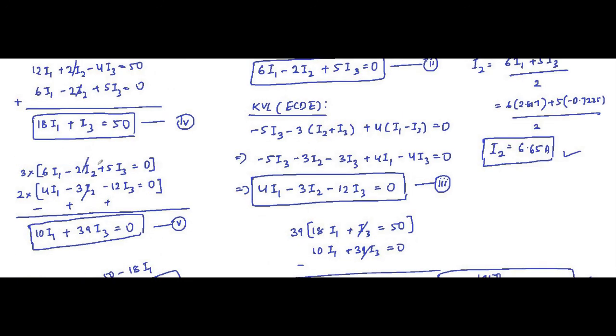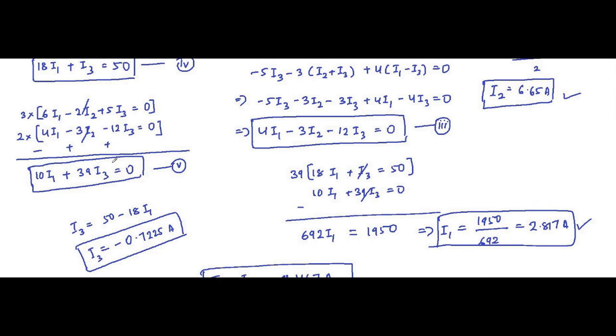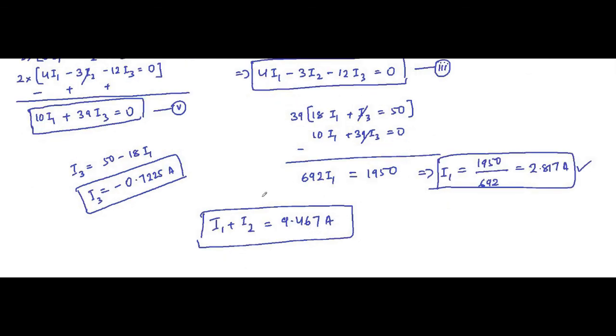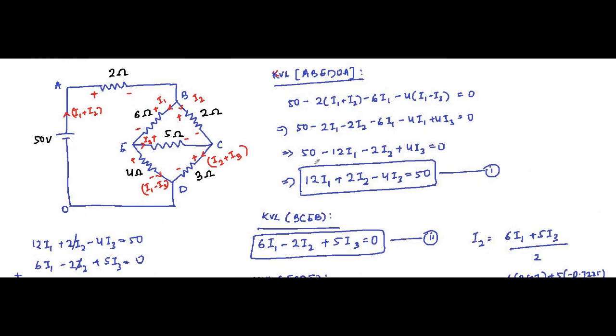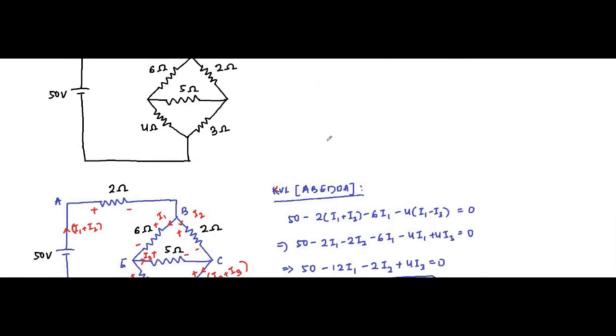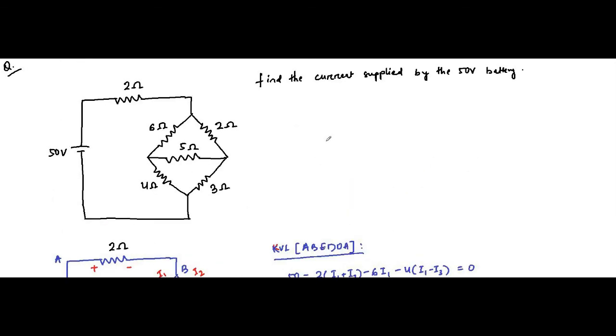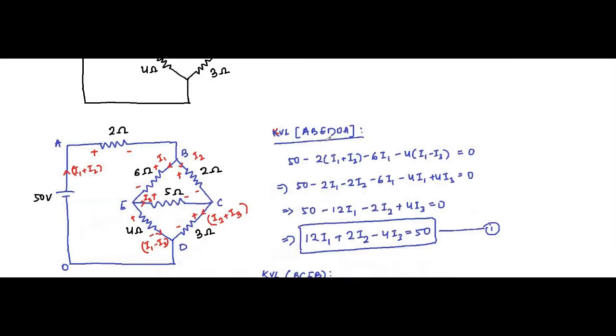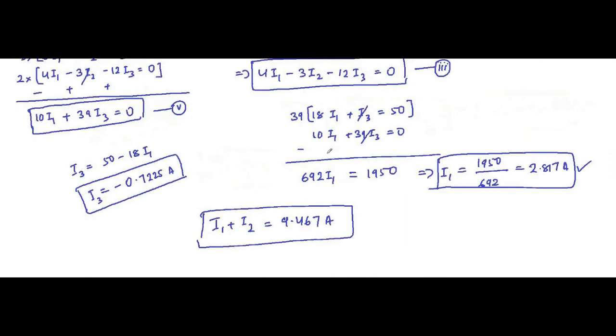Then you have to deal with those equations to bring it to one variable to get the result. Again, you have to put the result in some equation, so it involves a lot of calculations. So the important thing here is not to lose patience, that is very important. And here we have solved this and we have got the result.